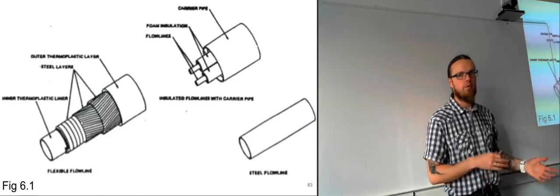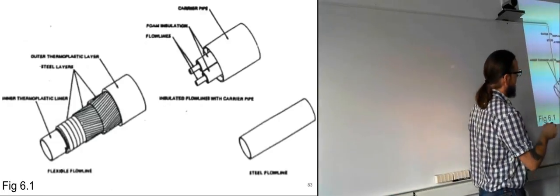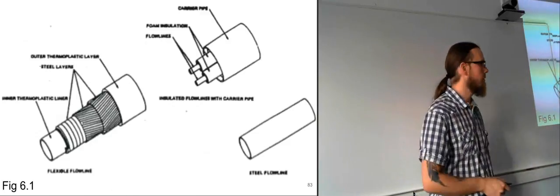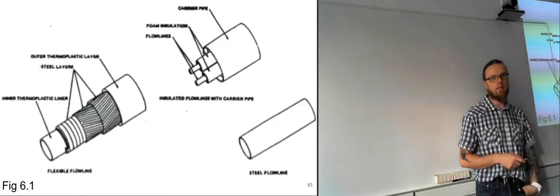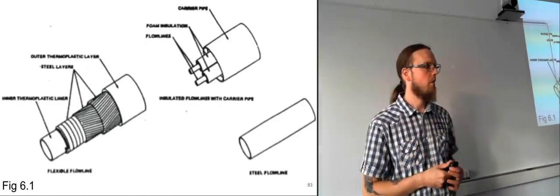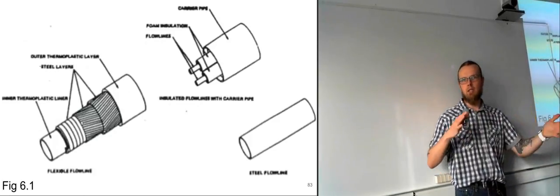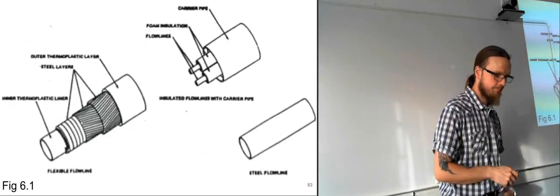So then you want something more flexible that will allow you more movement. And often the risers that go up to the platforms or the floating vessels are also flexible, to allow a greater weather window, so that they can handle much worse weather.